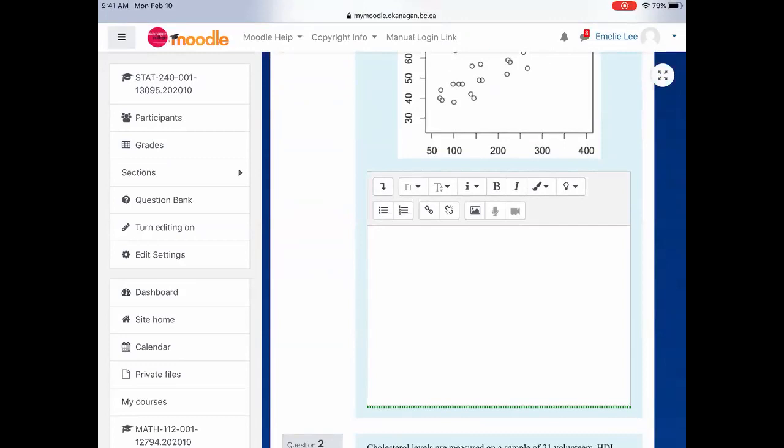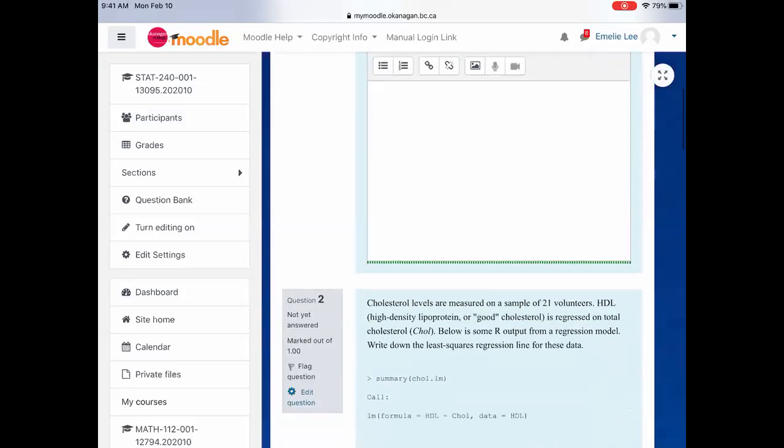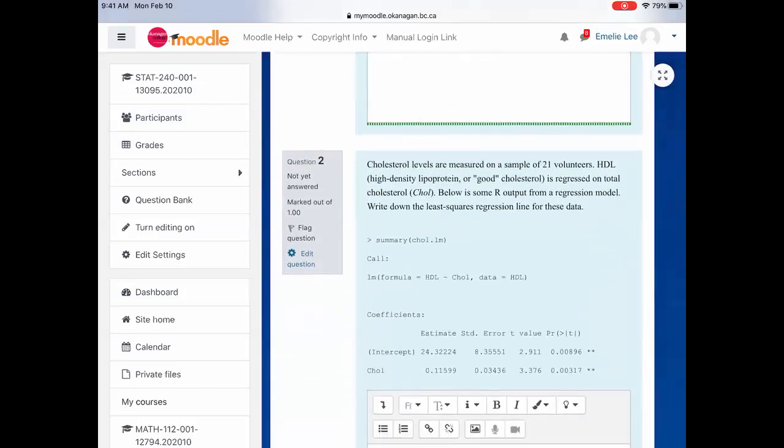Once you've submitted it, it'll come up with their little blurb of what it had in mind for your answer. And so it's up to you to compare what you wrote to the blurb and see if you're on the right track. So it won't mark it right or wrong. It'll just say, okay, well, here's the right answer.